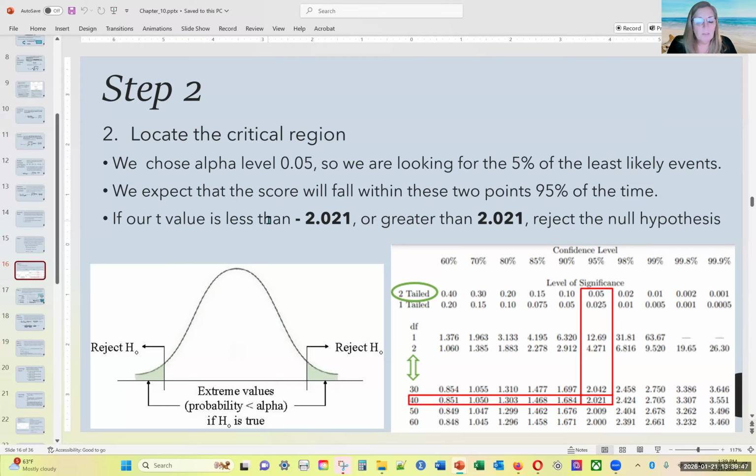If our t-value is less than negative 2.021 or greater than 2.021, you reject the null hypothesis. Our degrees of freedom is 40. Our alpha level for a two-tailed test is 0.05. So you can see that does match up. It's 2.021 for our critical region.